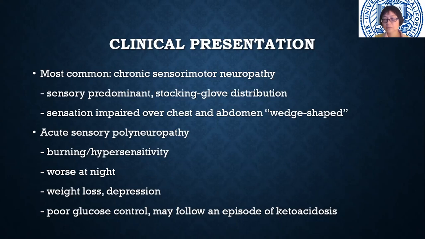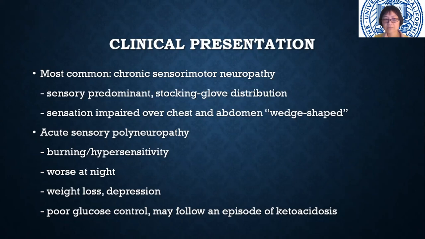Rarely the patients with diabetic neuropathy can have the neuropathy occur very acutely or suddenly. Usually the patients have a really severe burning pain and hypersensitivity, even with a really mild touch. Those situations are worse at night.